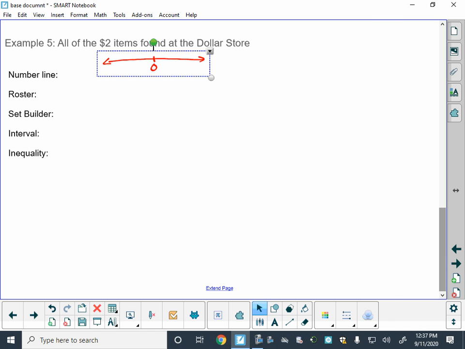In the roster notation, since there's nothing there, we still have the curly braces that we use on the roster notation, but we leave them empty. We put nothing in between them. It's called the empty set.